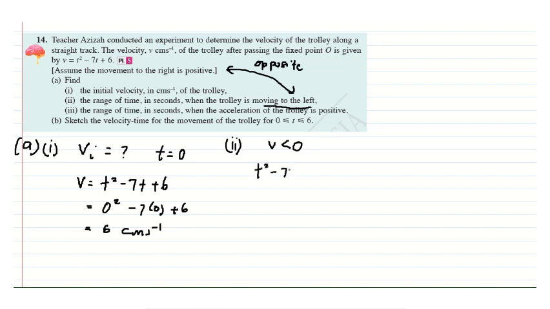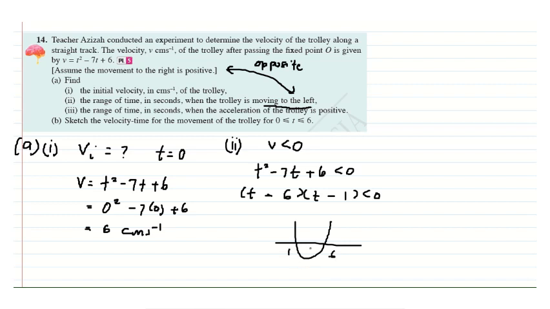t square minus 7t plus 6 less than 0, and as usual this is a quadratic, so normally we will factorize into two brackets. t and t, and 6 and 1, minus minus, so our t will be equal to 1 second and 6 seconds. We can do the same as what we do in quadratic equation.